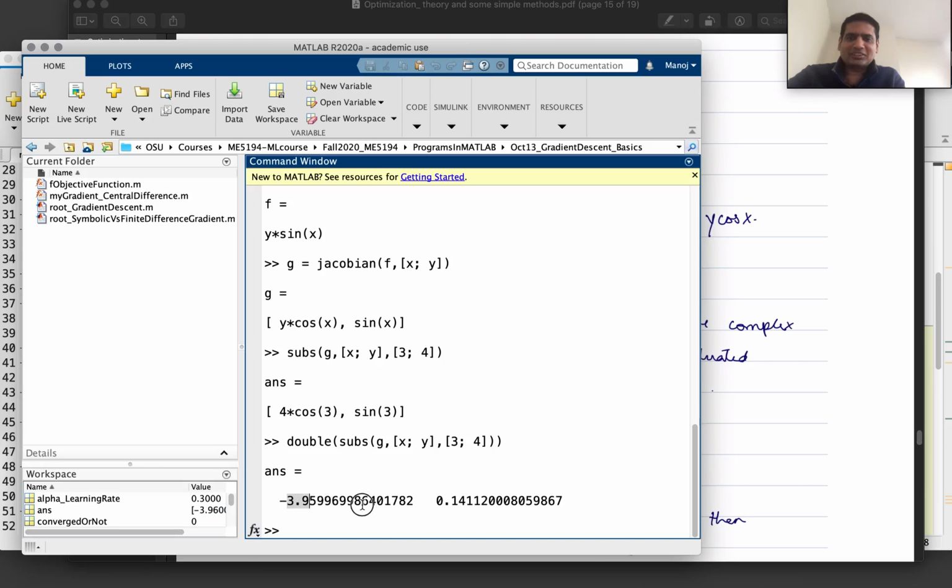Okay, so those are the numbers. So it just evaluates 4 times cosine 3, and that's this quantity, and sine 3 apparently is this quantity. Okay, so that's how you do that.